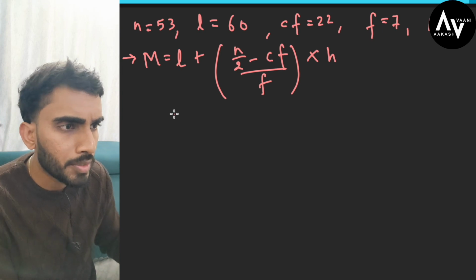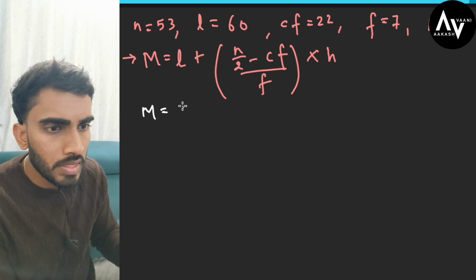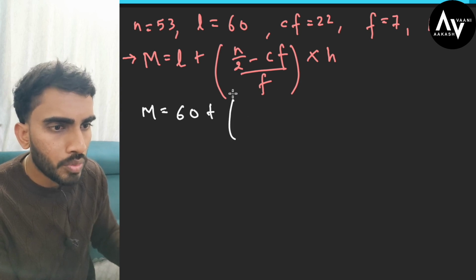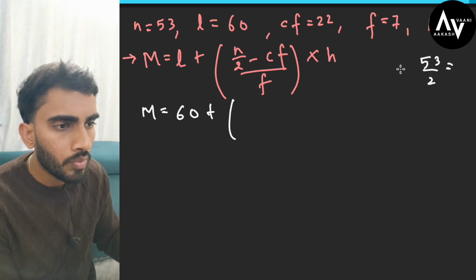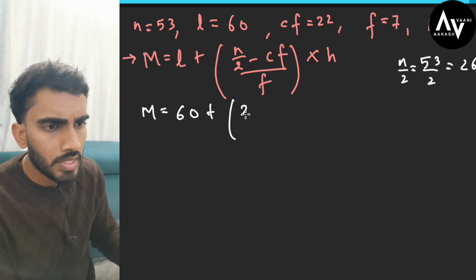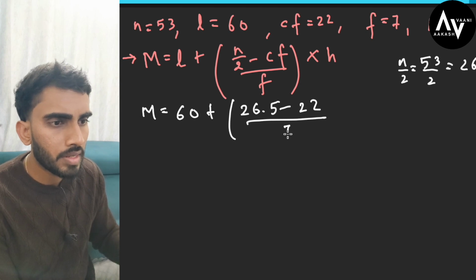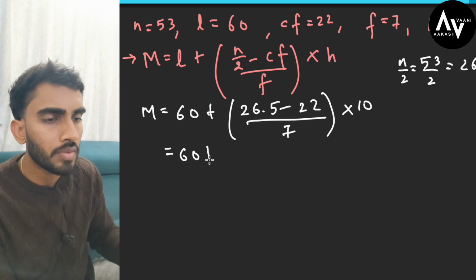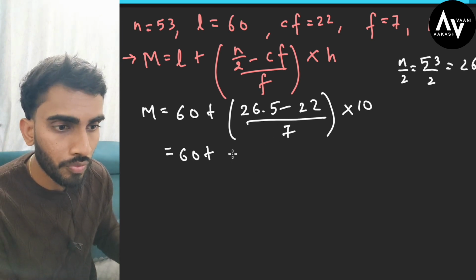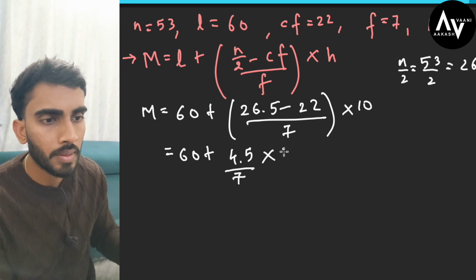So putting all the values here, we get median is equal to 60 plus n upon 2, which means 53 upon 2, and we get 26.5. So 26.5 minus 22 upon 7 into 10. So 60 plus, when we subtract 26.5 minus 22, we get 4.5 upon 7 into 10.